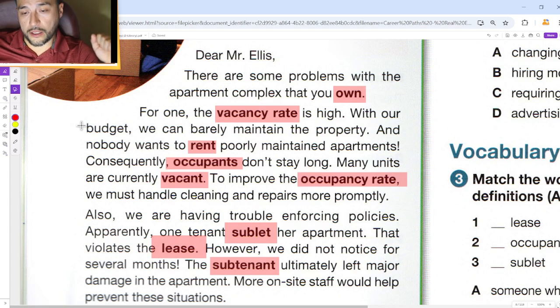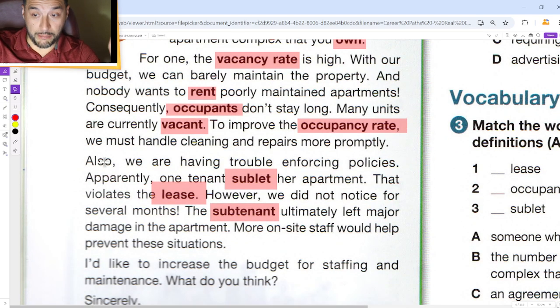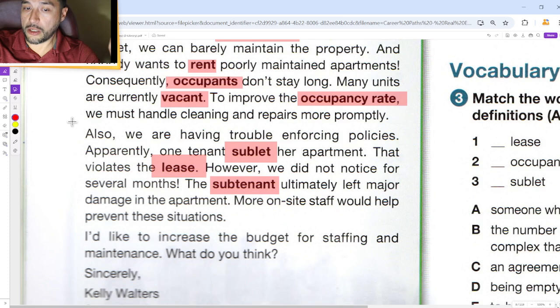Consequently, occupants don't stay long. Many units are currently vacant. To improve occupancy rate, we must handle cleaning and repairs more promptly. Also, we are having trouble enforcing policies. Apparently, one tenant sublet her apartment.